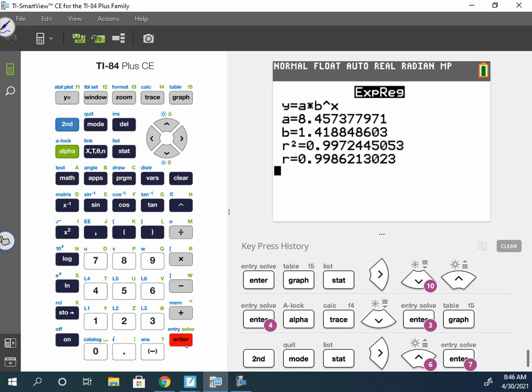So the equation is what? A times B to the x, yes? Is equal to, well, A, I'll take it 3 spots, 8.457. It gave me the value of A. The value of B is 1.419, to the x.